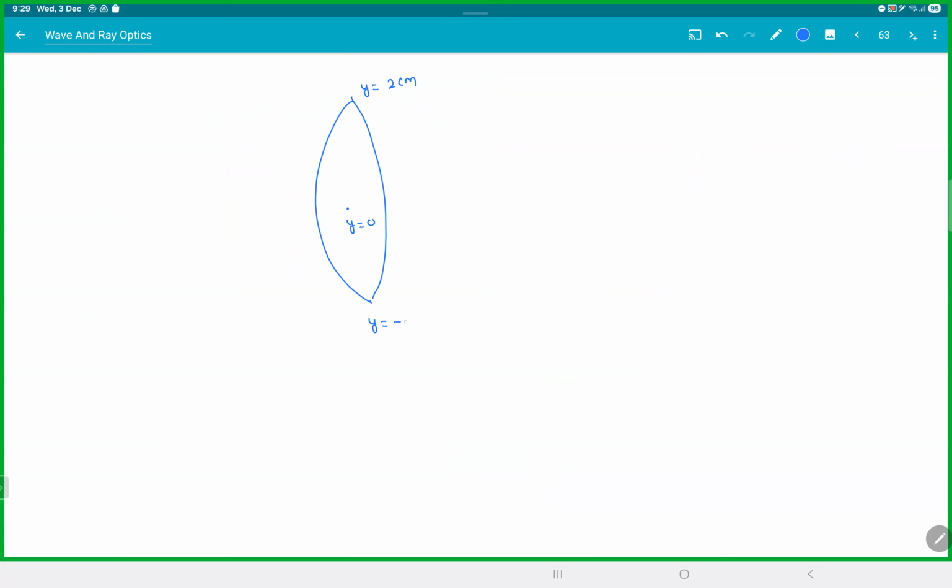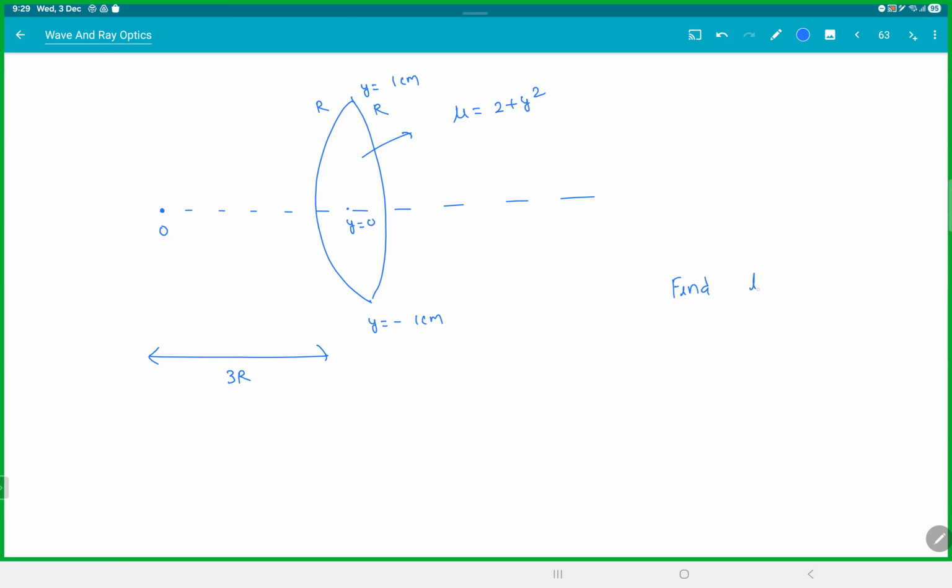Y is equal to minus 2 centimeters. The refractive index mu is equal to 2 plus y square. Make it 1 centimeter and minus 1 centimeter. So the refractive index is changing with height. And there's an object here at a distance of 3r. Find the length of the image.